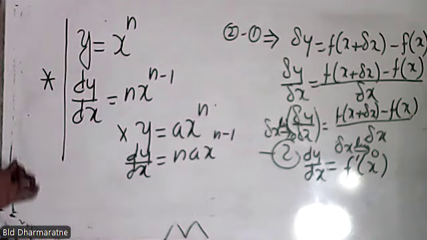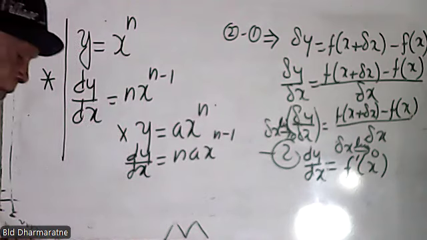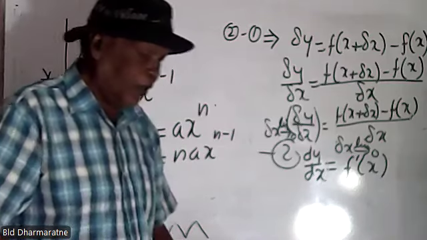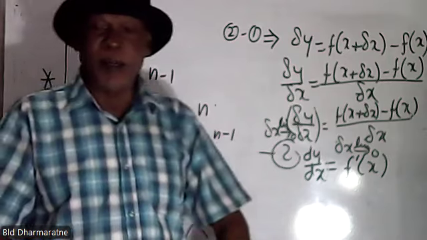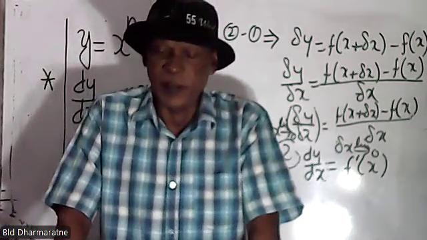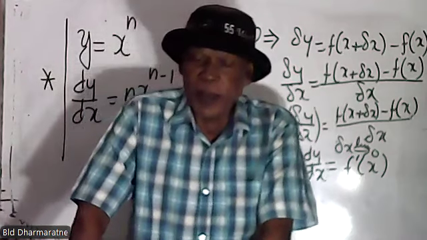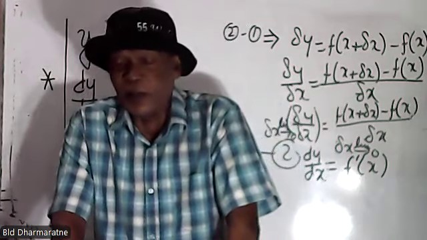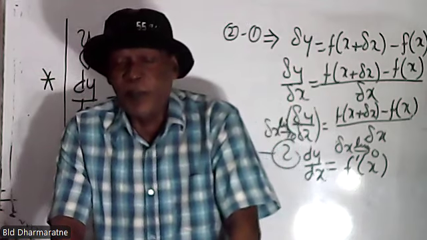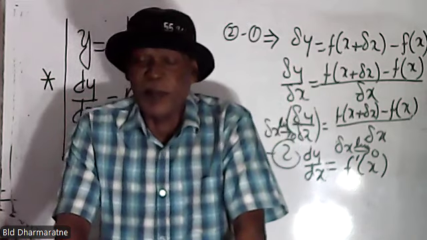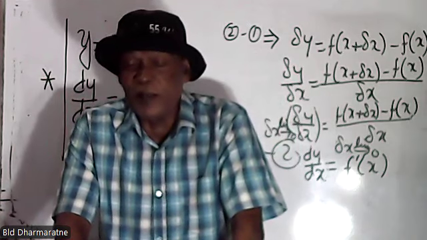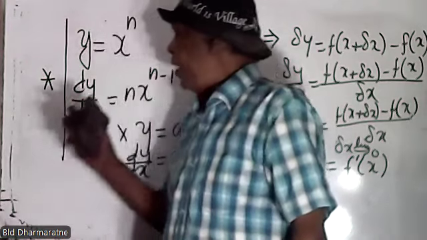Now there are so many kinds of functions. First, we are considering algebraic functions only. Little by little, we will discuss the various functions: logarithmic, exponential, implicit, trigonometric. There are so many functions, and any function is differentiated using this formula.